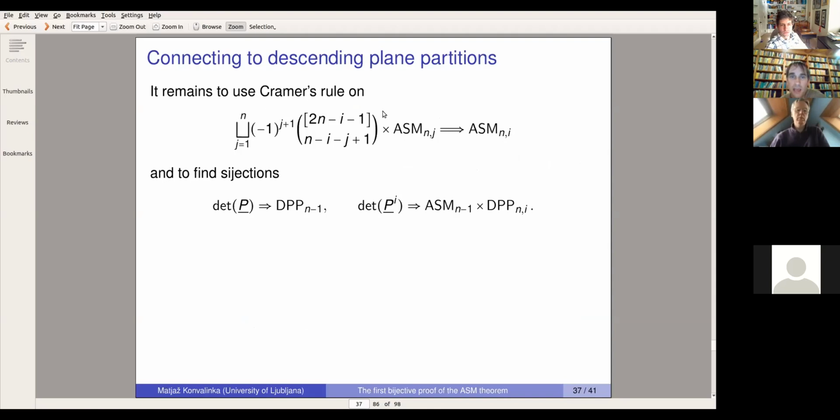And we're going to get the determinant of this matrix of coefficients times the set we're interested in maps to something. So what you have to do is find a sijection from this determinant to something nice. And this is as nice as it can be. It's not too hard to find a sijection to DPP(n minus 1), and on this right-hand side to this set.